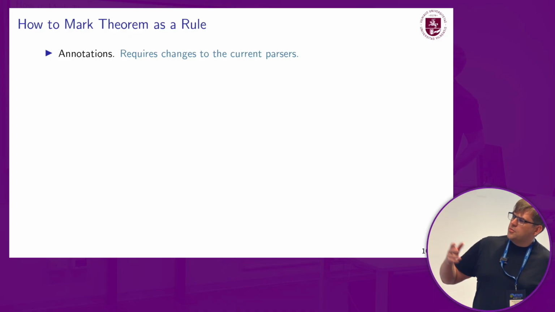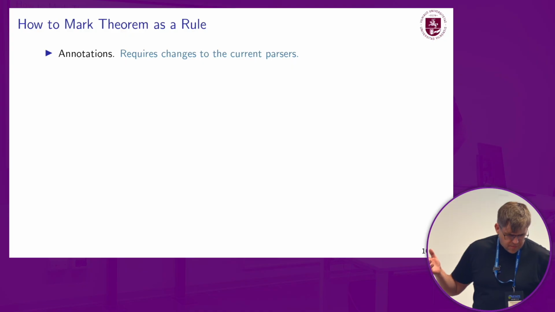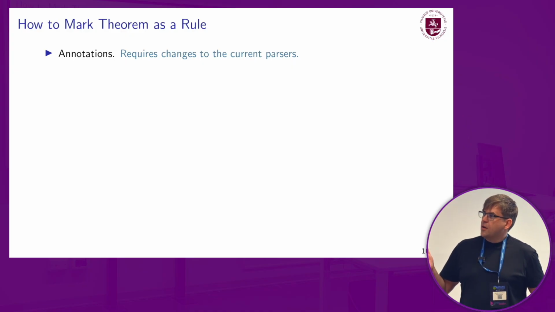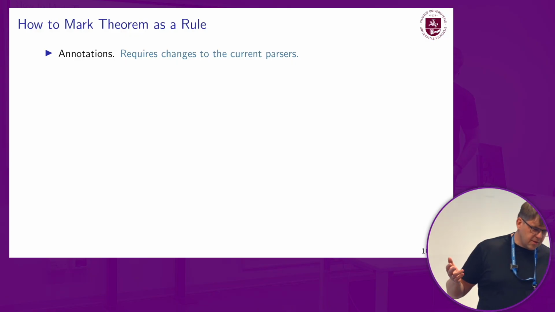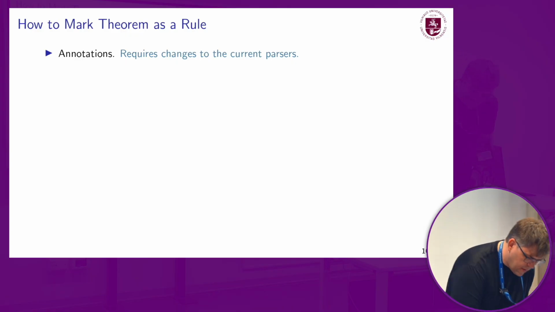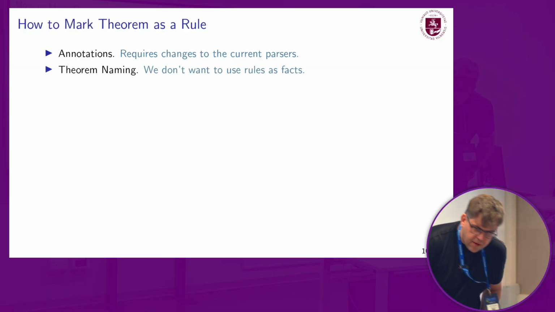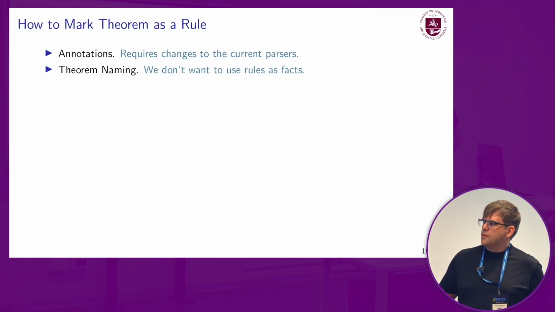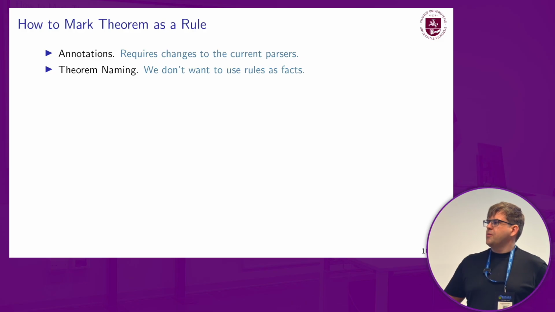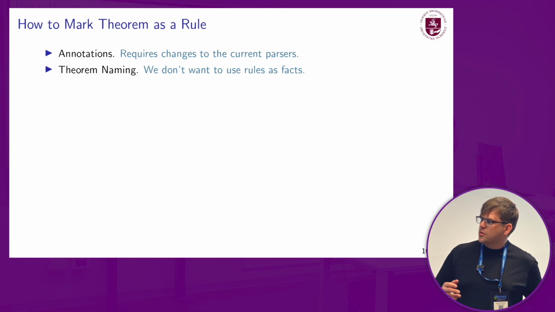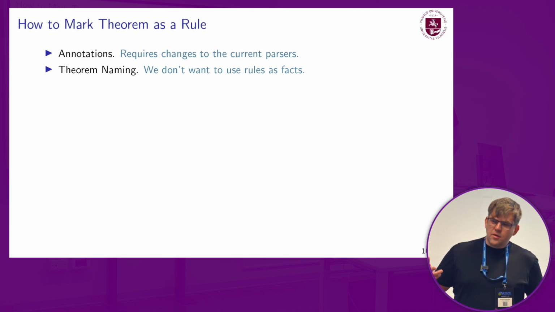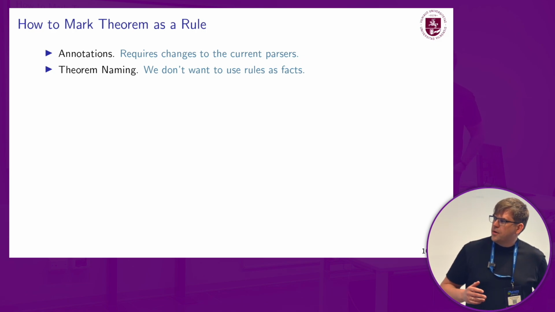So either we have to annotate those theorems somehow, but here we don't have that support built in, and we probably don't want to extend the current parser for TLA. Another way to hack it is naming the theorem in a specific way, so that with some prefix or suffix it would be considered as a rule for decomposition.